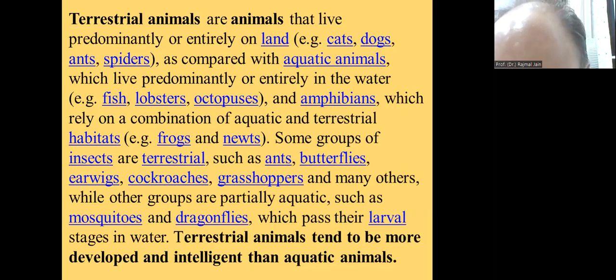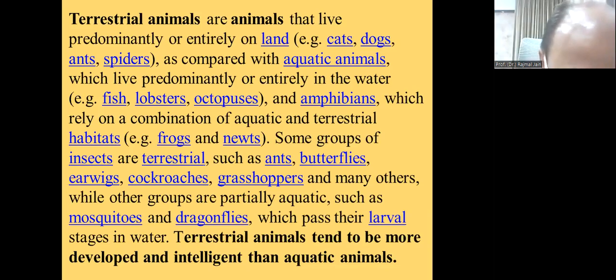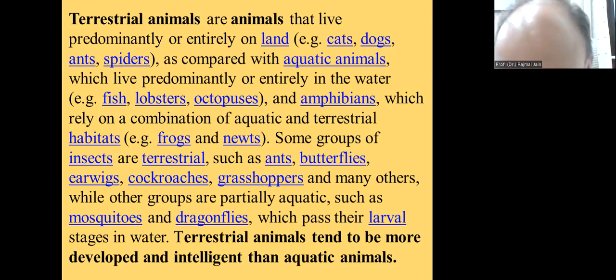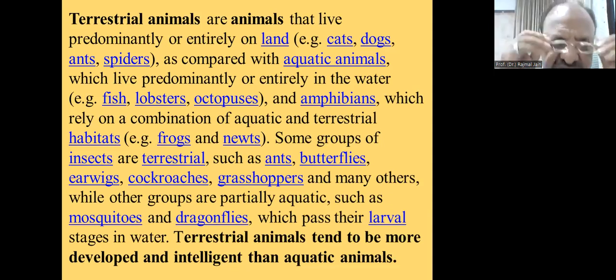Terrestrial animals tend to be more developed and intelligent than the aquatic animals. So those who live on the surface are intelligent because they get much more oxygen, etc., and the relevant atmosphere. But the aquatic, those who live in the hydrosphere, that is in the oceans, etc., don't get exposed to the more suitable environment.